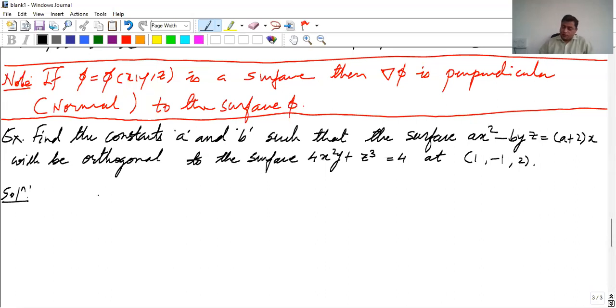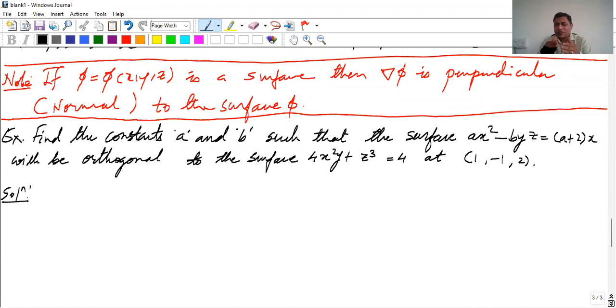Here, what is given? We have two surfaces given. The first surface we'll consider phi 1, the other surface phi 2. Now we have to find the values of the constants a and b such that these two surfaces are orthogonal at the given point. What it means?